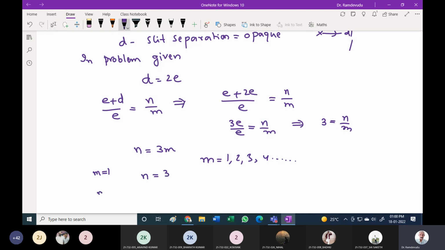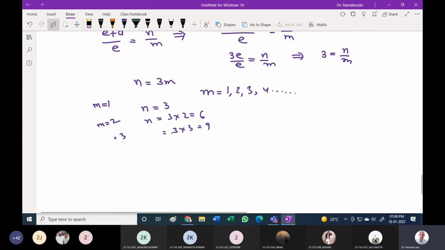If m is equal to 2, 2 into 3, the sixth order is missing. If m is 3, 3 into 3, the ninth order is missing. Therefore, in this condition, the third order will miss, the sixth order will miss, the ninth order will miss. They are absent, and so on.